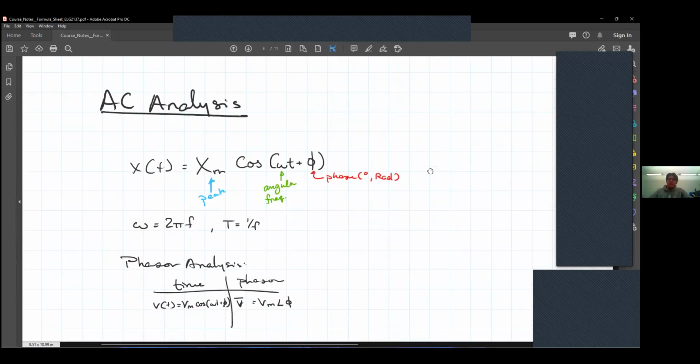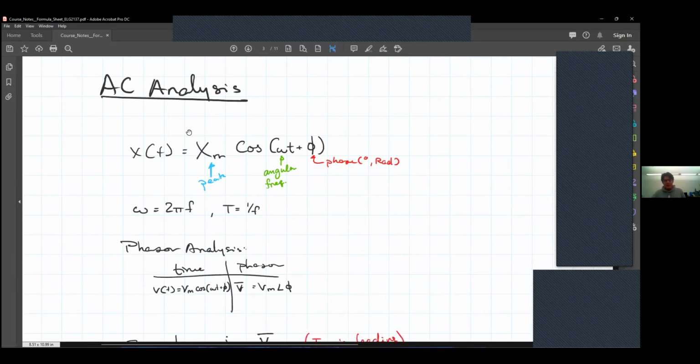So now we're moving on to AC analysis. This portion of the course becomes really useful later on in your courses following this one, especially the phasor analysis. So this is a really important part of the course to learn from a solid foundation. So any function for a sinusoidal signal or sinusoidal function, you can represent in its periodic form.